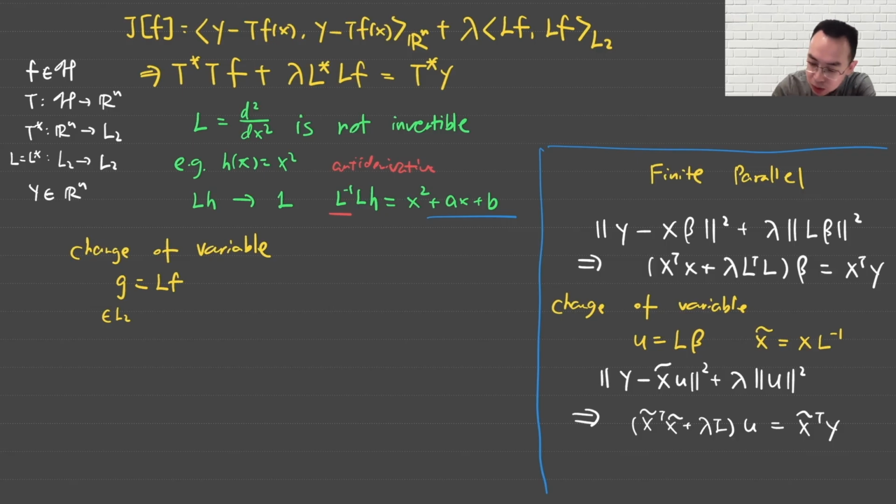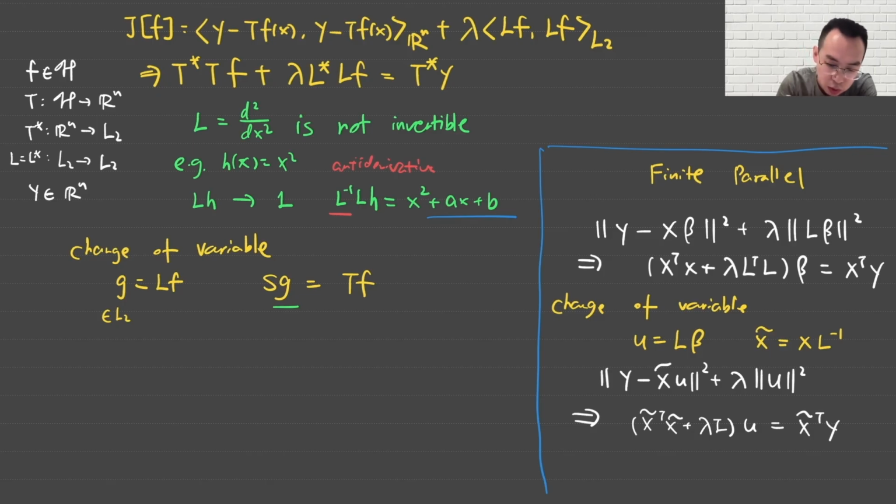But instead of doing x tilde equals X L inverse, let's just define the operator S in this way, such that Sg equals Tf, X down f. If you plug in g equals Lf, S is kind of like the SLT operator times L inverse, except that we avoided the inverse for this operator.